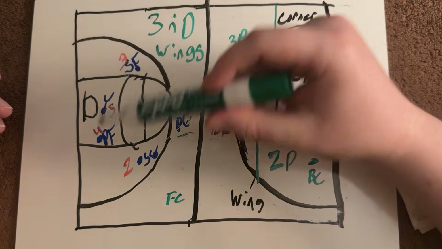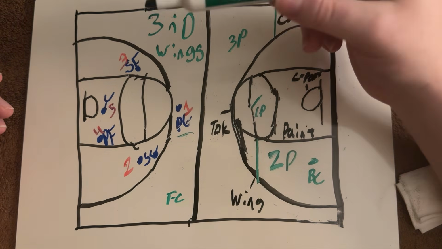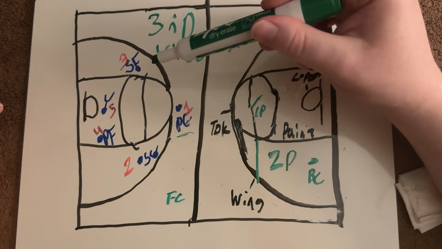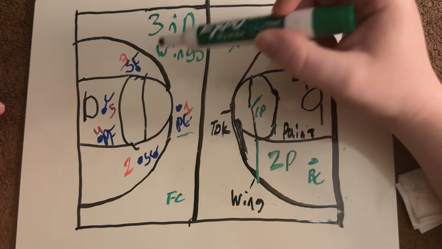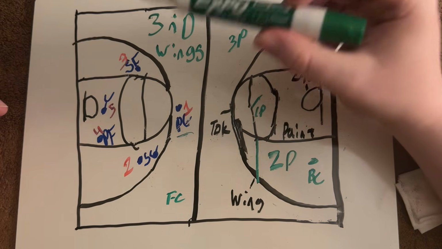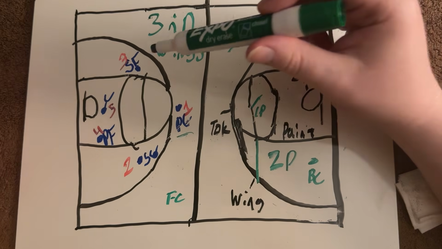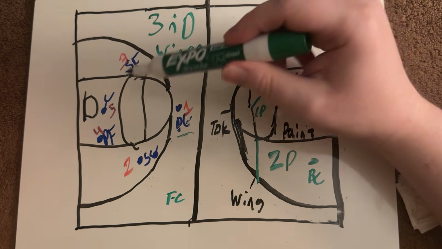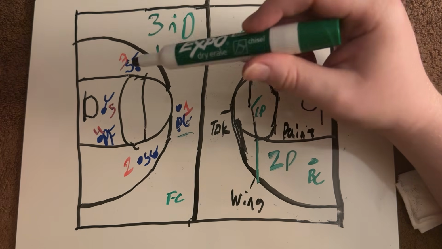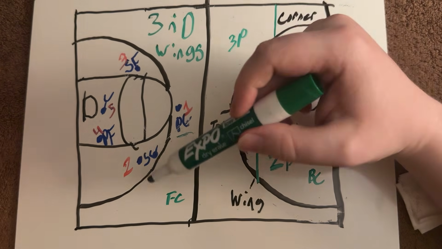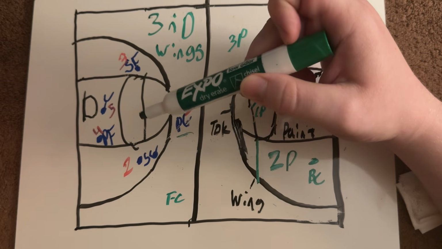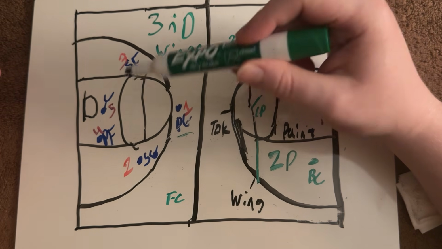But the small forward can also be used like a power forward if they want. I think LeBron actually plays small forward, if I remember correctly. Typically, at least nowadays, I believe he's playing the small forward 3 spot, and then a guy like Anthony Edwards, Shai Gilgeous-Alexander, let me think.